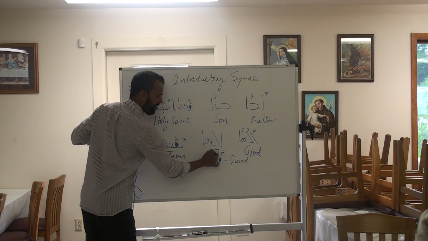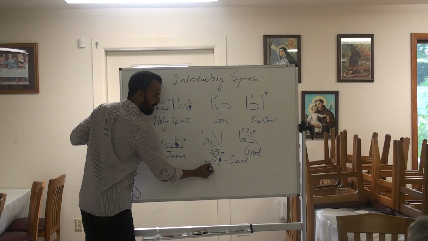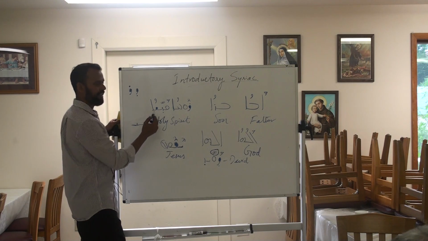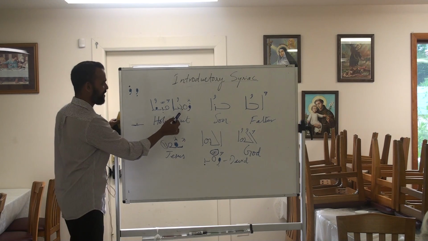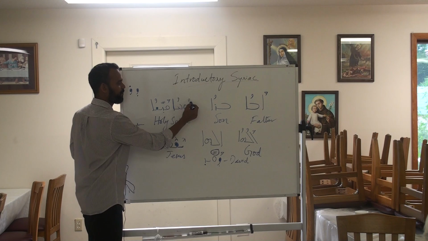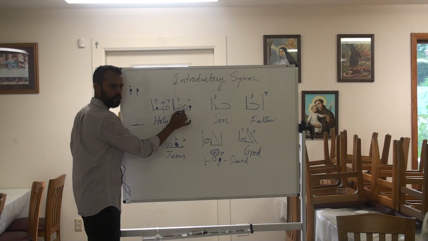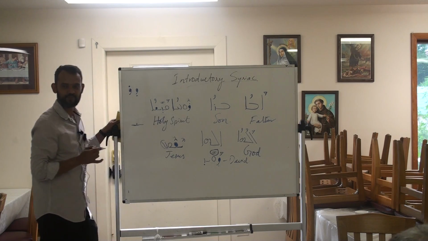E vowel will be followed by a yod. And it's the same here also. In the case of U, it will be followed by a vav. Okay?